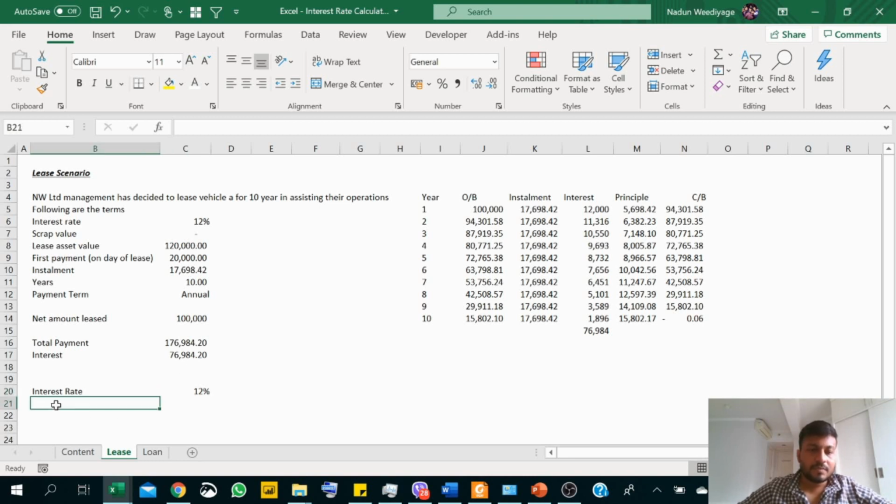Let's say, for example, we didn't have this installment amount appearing in our calculation. We only knew that the lease amount is 100,000, the rate is 12%, and for 10 years we are paying it annually. So let's calculate the installment.